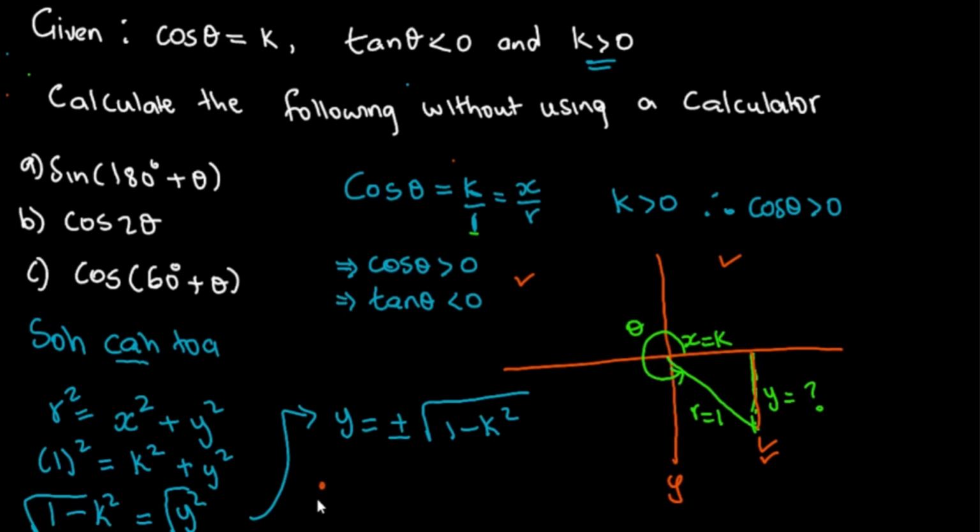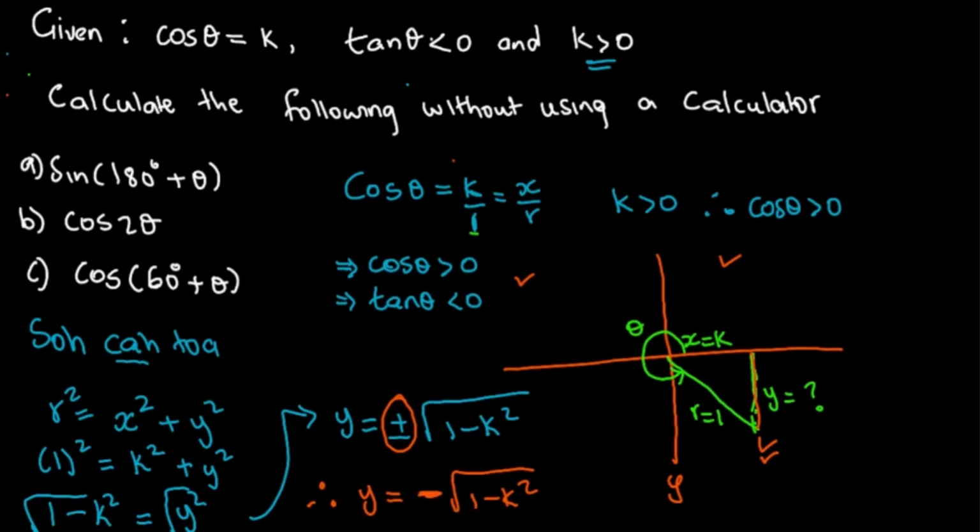Then we're going to decide and say the value of y will be minus the root of 1 minus k squared. This is where most of the learners make mistakes. They forget that the square root of any number in math is plus or minus. Because if you miss the plus or minus, you will miss saying that the value of y is minus the root of 1 minus k squared.